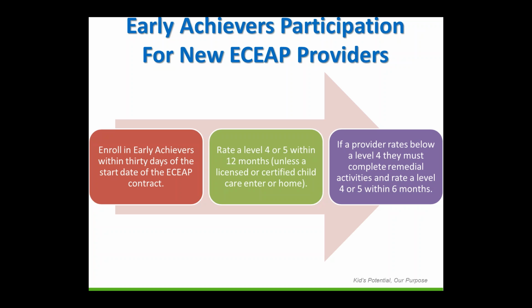And then if that level 4 minimum isn't met, then again, there's remedial activities that need to be completed, and then the site will need to rate a level 4 or 5 within the 6 months thereafter. So this is for basically license-exempt new ECEAP sites.